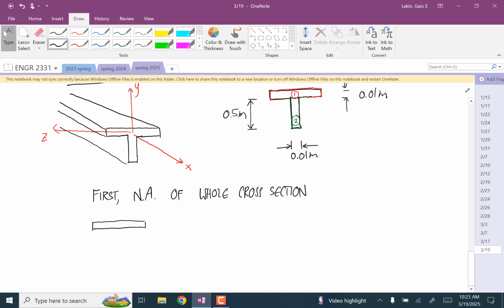Where do I want to put that? I think I'll just put it down at the bottom. We don't have to calculate the x, it doesn't matter at all. We just have to calculate that height.